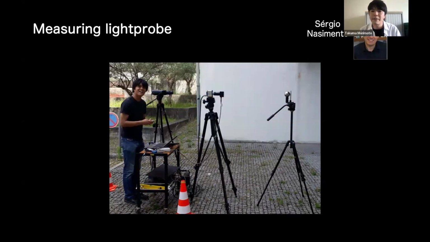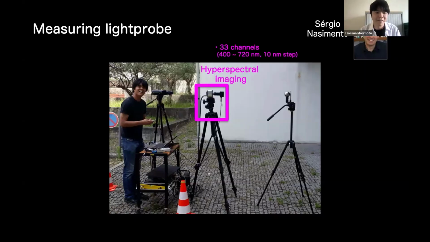We use a hyperspectral imaging system placed here, which can sample 33 channels. Unlike an RGB camera, a normal camera has 3 channels. The hyperspectral camera has 33 channels, which spread widely over the visible wavelength range from 400 to 720.